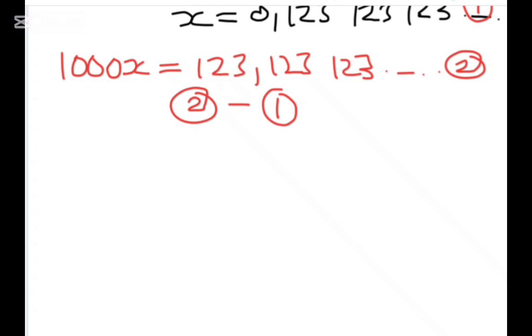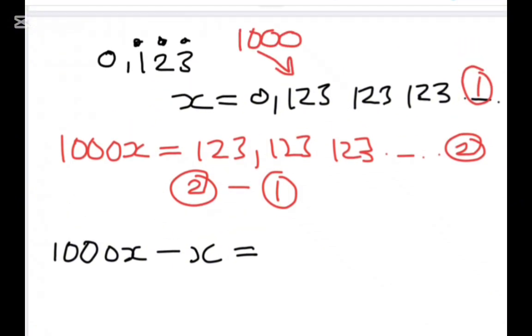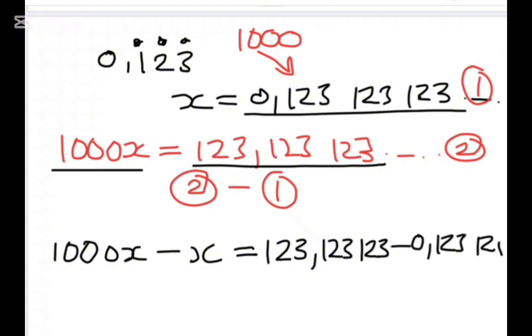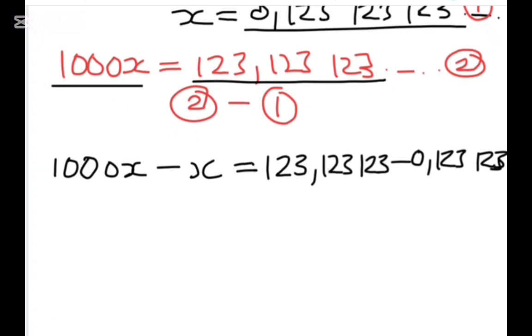So 1,000x minus the value of x, and 123.123123 minus 0.123123. Here we get 999x.